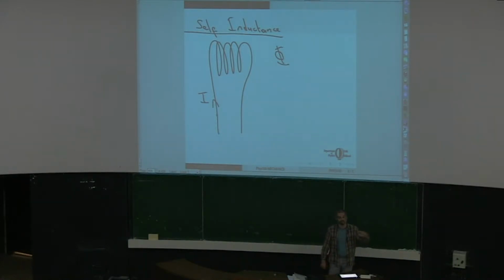We send the current, it will build a magnetic field, and hence there will be a magnetic flux running through it. This flux itself will also be proportional to the current running through the solenoid. And the proportionality constant is what we call the self-inductance.